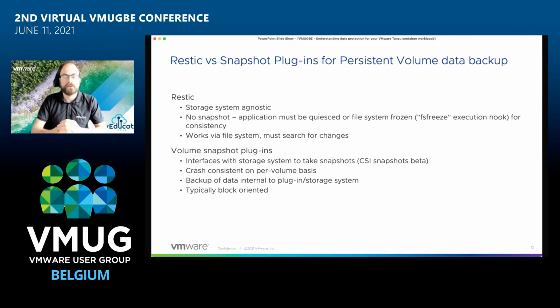And CSI drivers are going to be the new way forward from Kubernetes, and they're going to phase out in-tree drivers in the future as well. So we're expecting to see an increase in use of volume snapshots and maybe a possible move away from Restic in the future. It does have the ability to give you crash consistency on a per volume basis for those applications. And you can back up the data internal to the plugin, that storage system. And because it's using the CSI driver, it's typically going to be block orientated, but in the future, there's also support for file orientated as well.